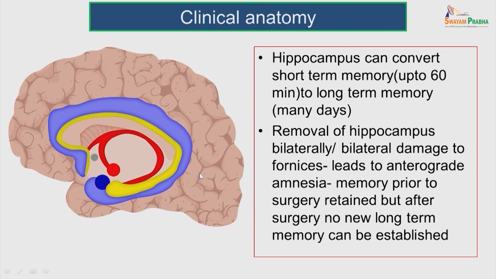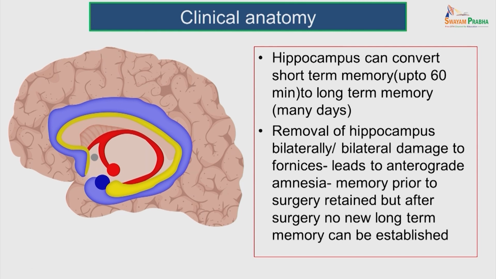So, with these symptoms we will be able to locate which part of the amygdaloid is affected, looking at the features. Then the hippocampus can convert the short term memory, that is up to 60 minutes, to long term memory, that is up to many days. So, that is why the hippocampus is very, very important in memory. Bilateral removal of the hippocampus, or any bilateral damage to the fornix, because that is the sole output, leads to antegrade amnesia.